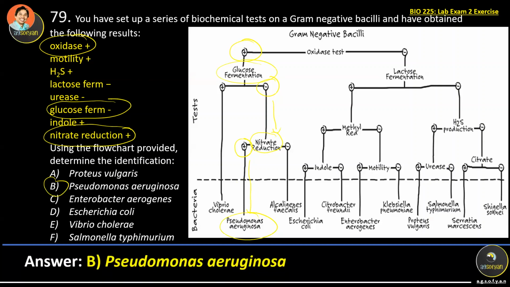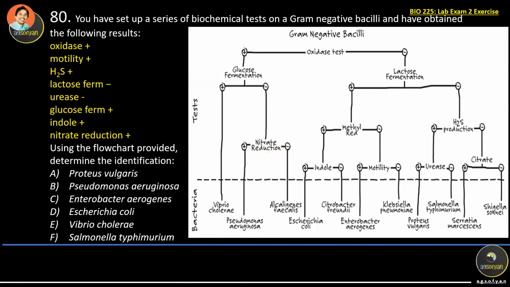Yes. Okay, this is the last one. Again, make sure you are able to use the test, and by using the test, you will be able to identify the unknown bacteria. After gram staining, what happens? It is gram negative, and then oxidase positive, which is on the left side.